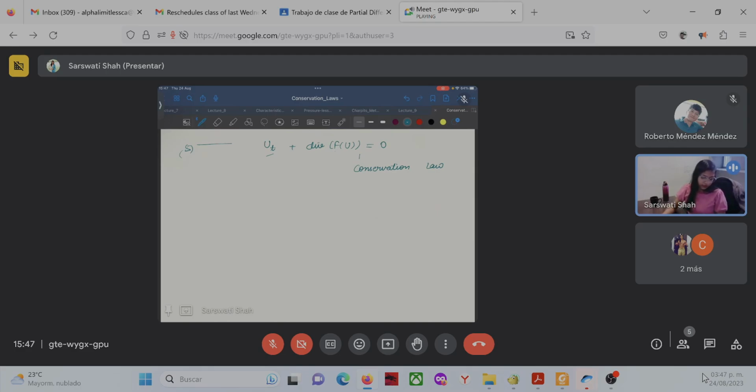Now I am giving you an equation, just solve it using the method of characteristics, assuming that u is smooth. u belongs to omega cross R plus, and that is contained in R, R plus.